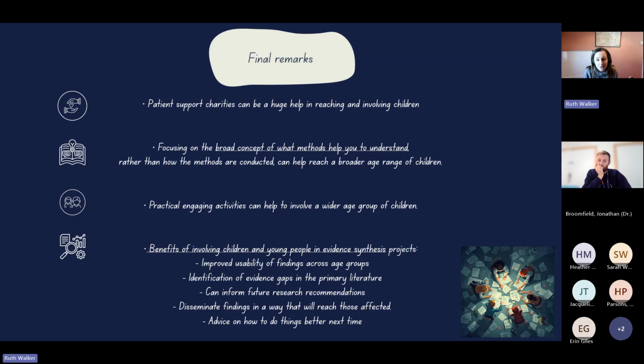And if these don't help, it can help you to shape recommendations for future primary research. And then disseminating things in a way that's more useful and will actually reach those affected, and advice on how to do things better next time.